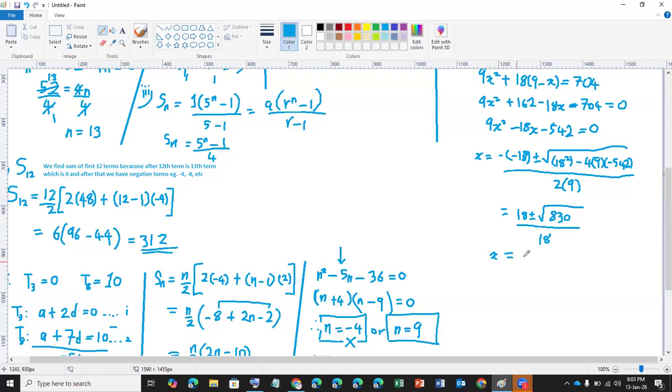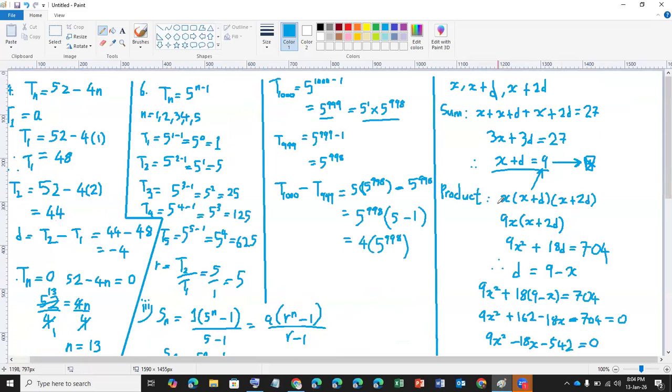So that's 18 plus or minus 28.08. Ah, but this thing was looking like it would be a whole number. I was expecting it to be a whole number kind of question, not decimal. I hope there's nothing that we missed here.